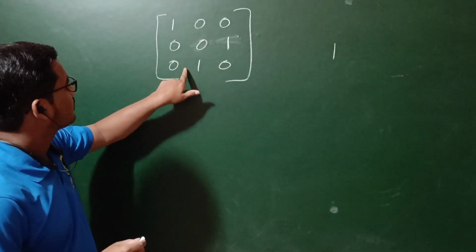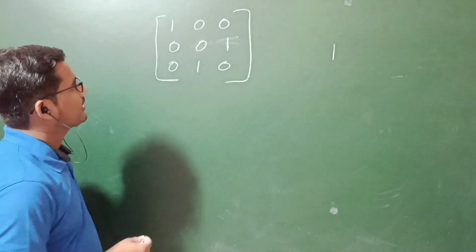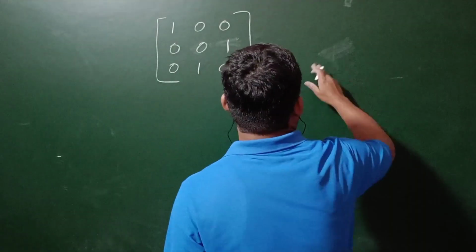Here each row and each column contains only one 1 and all other elements are 0. This is called a permutation matrix.